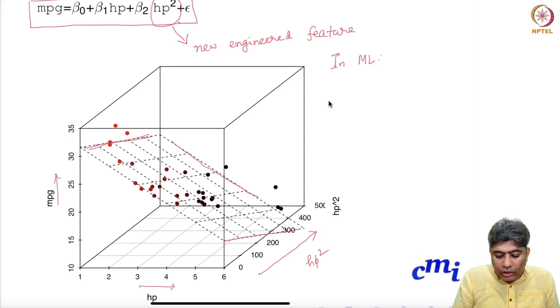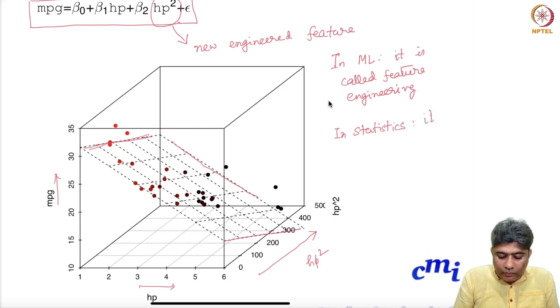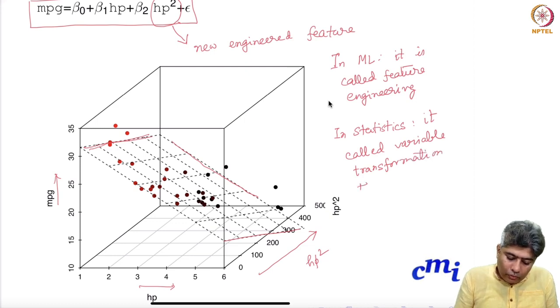In statistics, it is the same thing, called variable transformation through basis expansion.